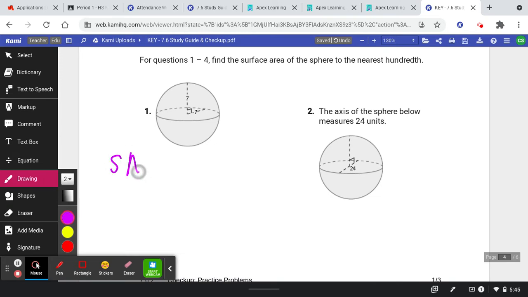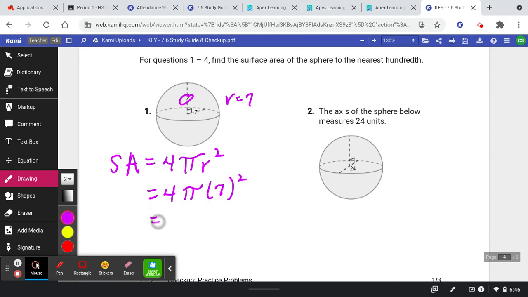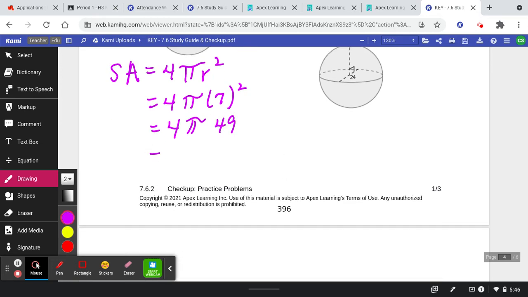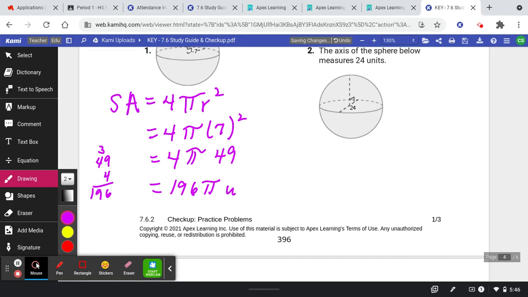So surface area of a sphere is 4 times the area of that circle. And we see our little radius is 7. So it's going to be 4 pi times 49. Grab your calculators and multiply that. 196 pi units squared. There's no inches or anything. Because it's surface area, we do square units.